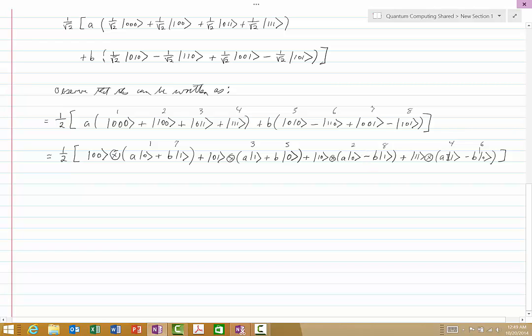The probability for each one is 1/4. It's 1/2 squared. So there's a 1/4 probability that Alice, when she measures, will obtain this. Let's phrase that a different way here.